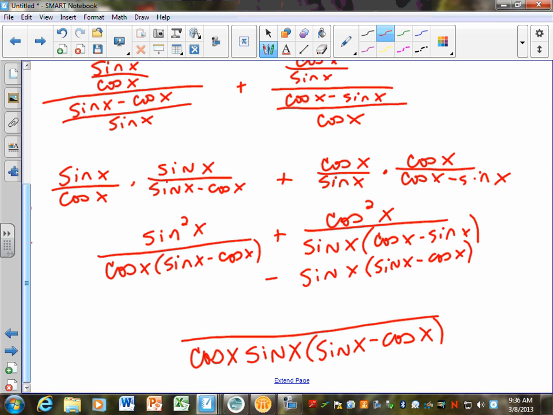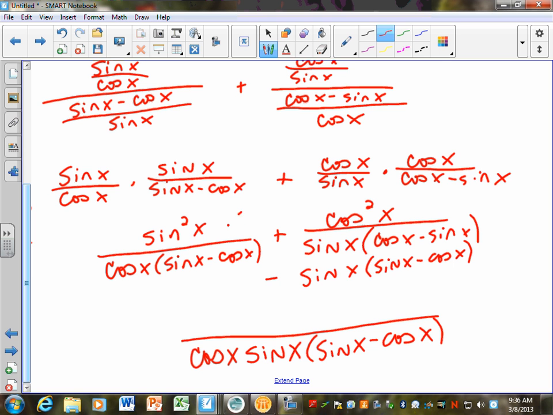So now the question is, what do I have to multiply over here to get this new common denominator? What am I missing? Just a sine, because I have the cosine. I have the sine of x minus cosine, so I just need a sine.